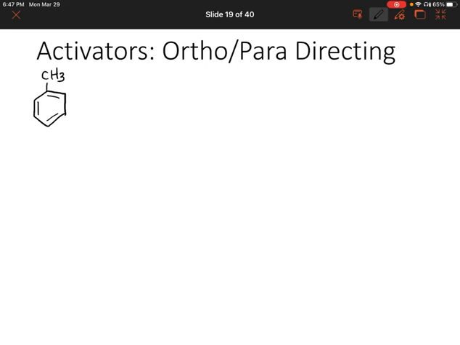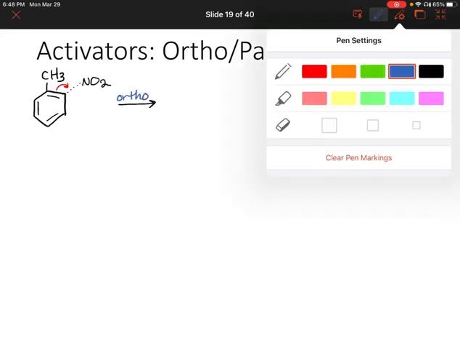the reaction. So remember, in an electrophilic aromatic substitution reaction, one of the double bonds is going to give up its pi electrons to form a new sigma bond. In this case with NO2. And here we're looking at the ortho addition of NO2.